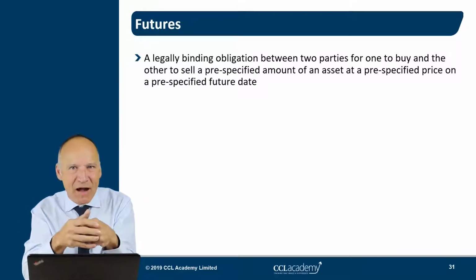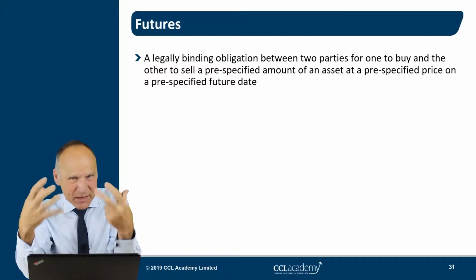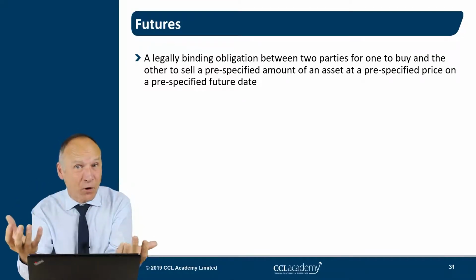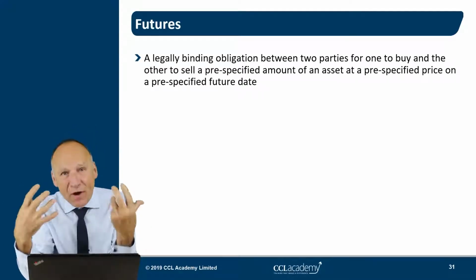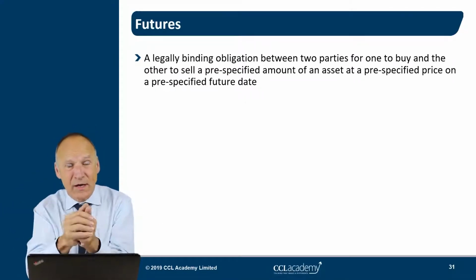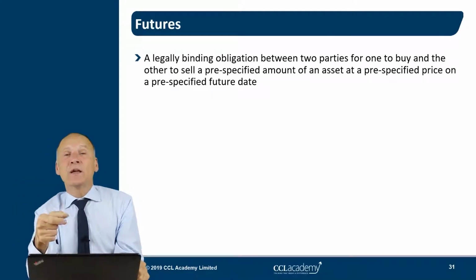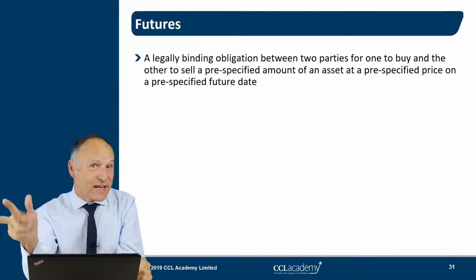It's 1,000 barrels. What grade of oil we're talking about, and that's typically done by reference to the oil field the oil is coming from. So this could be Brent crude oil coming from the Brent oil fields in the North Sea. So we've got the quantity, we've got the specified quality, and we've got a particular date.